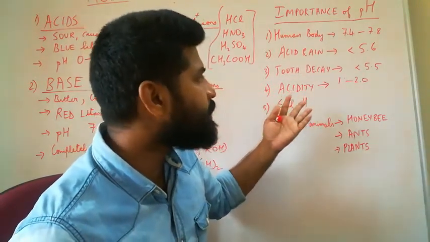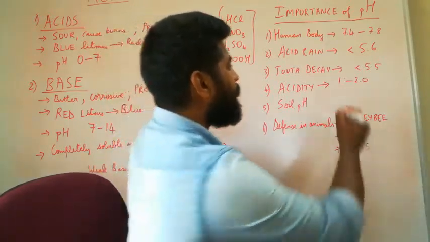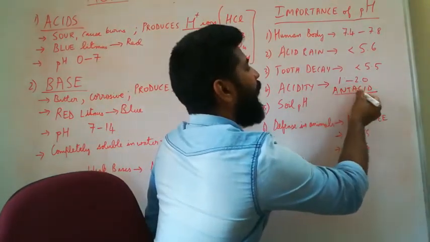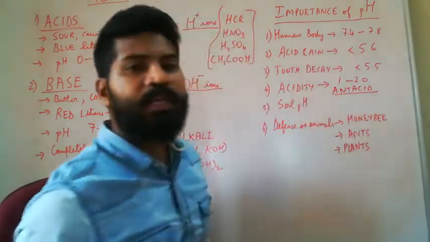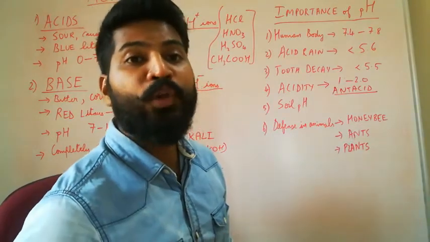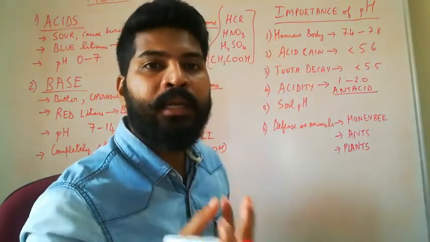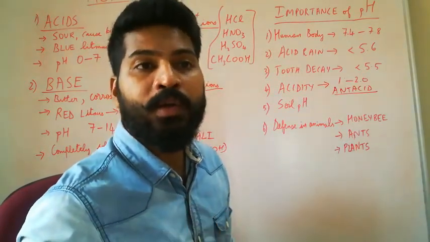So in this case, they are given what is called an antacid, that is, against the acid. So these are, for example, like your ENO. So it is basically a mild base, mostly magnesium hydroxide.